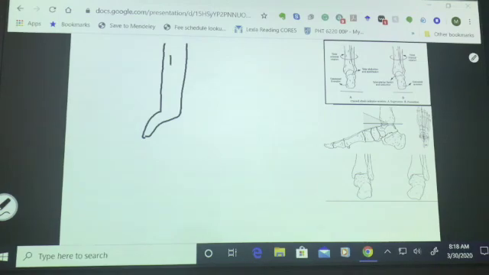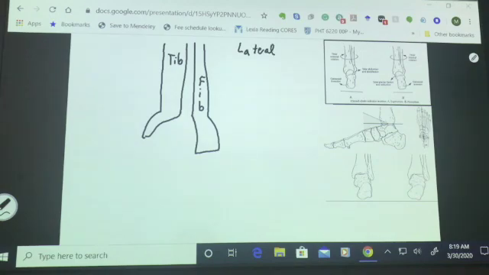So if this is my tibia, and that's going to be my fibula, that means that over here is my lateral side, and over here is my medial side. Understand that we're going to have bones. This is obviously a very rudimentary drawing of this.